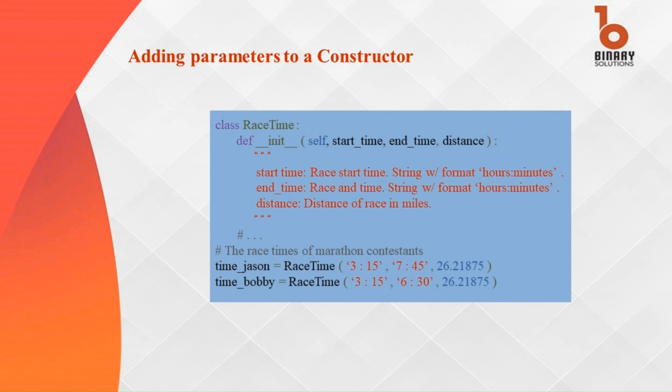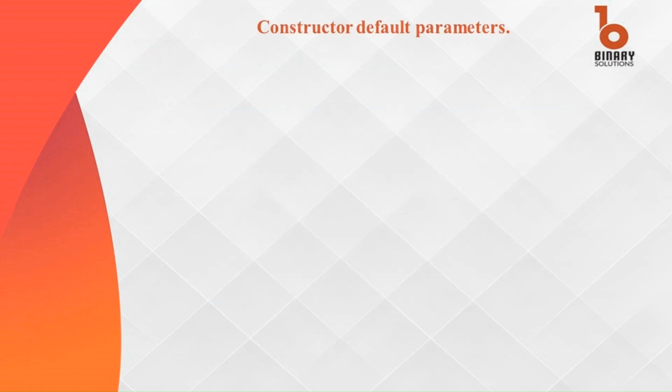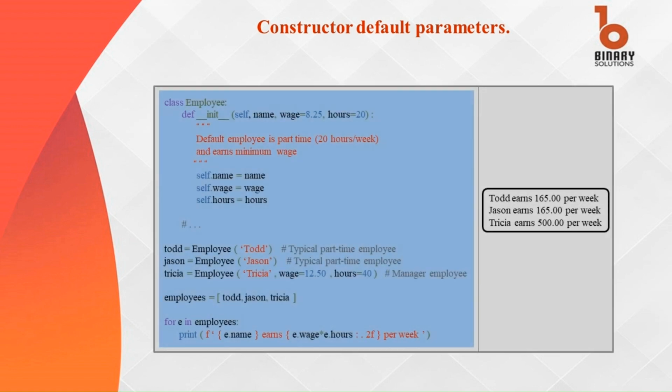This program demonstrates the concept of constructor default parameters in Python. The employee class defines an init method that initializes an employee's name, wage, and weekly work hours. By default, an employee is considered part time, working 20 hours per week at a minimum wage of $8.25 per hour. If specific values are not provided during object creation, these default values are assigned.